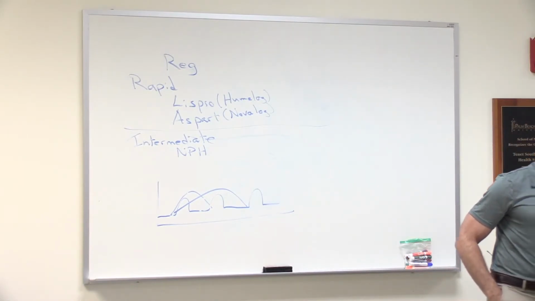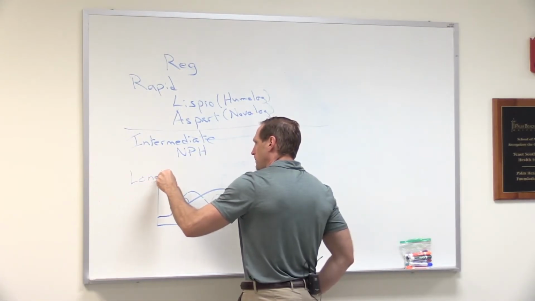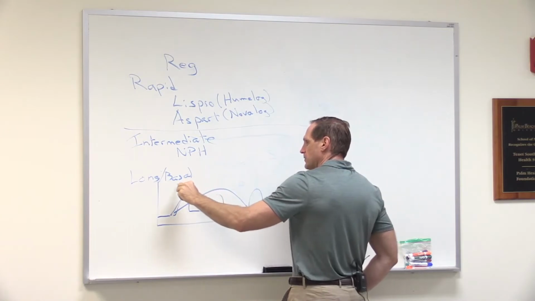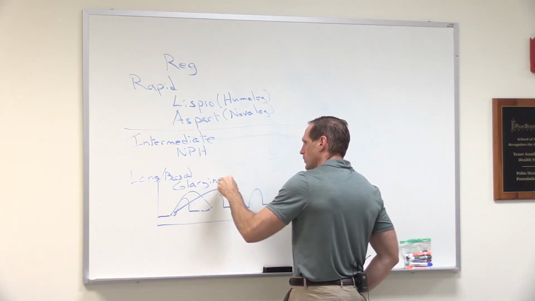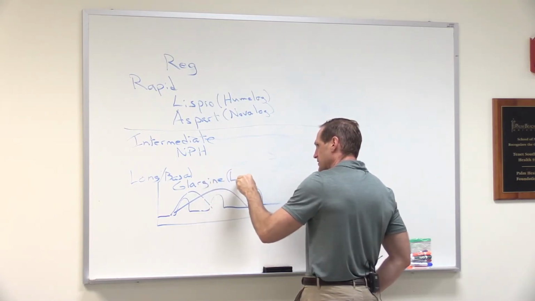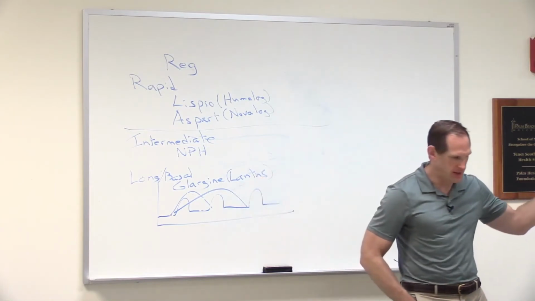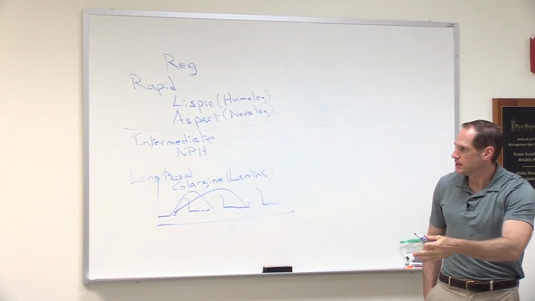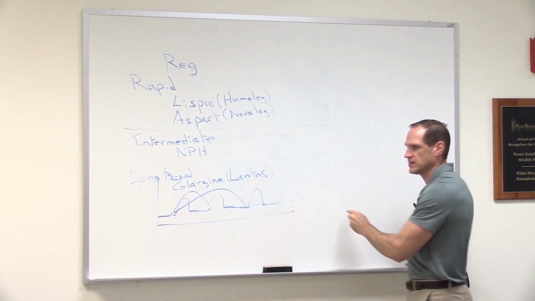Nowadays, what we typically do is we use the next kind, which is a long basal insulin. The main kind is Glargine, which is also known as Lantus. And there's another one, I'm forgetting it, but you can look it up in your book. So the idea with Lantus is that when you give it, you get a baseline level across the entire day.